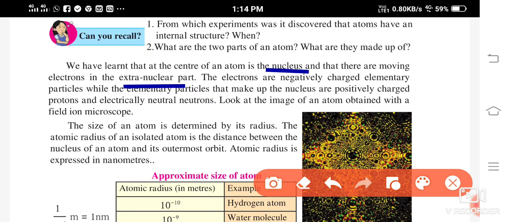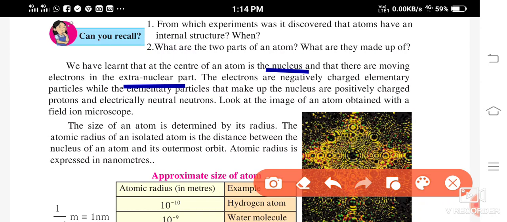These protons are positively charged, and the neutrons are neither positive nor negative, they are neutral. And the electrons which are revolving around the nucleus, that is the extranuclear part, are the negatively charged particles.